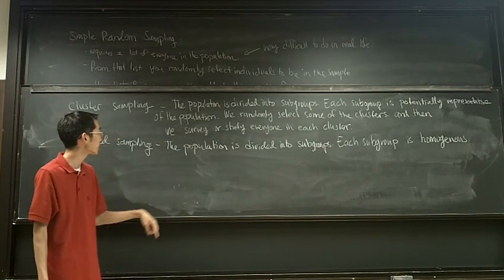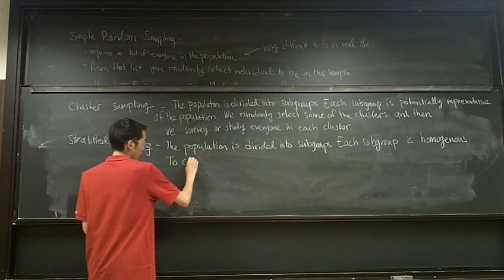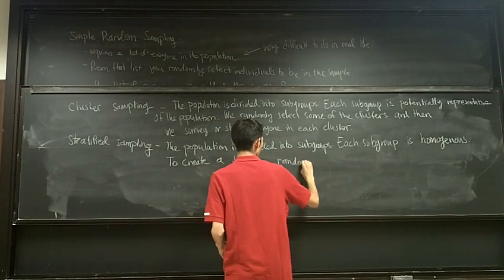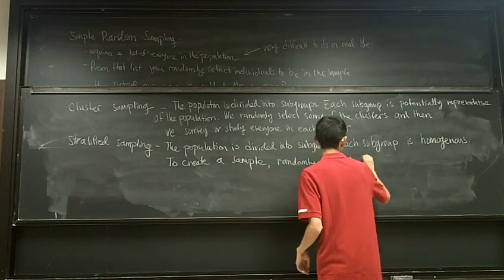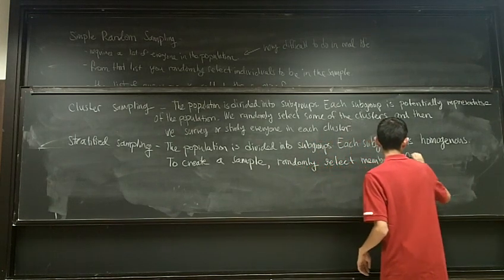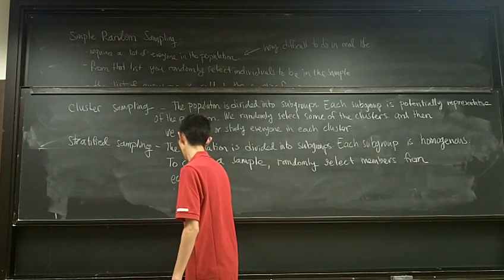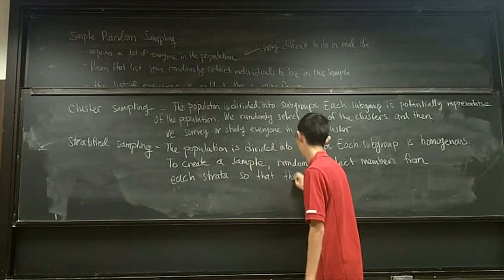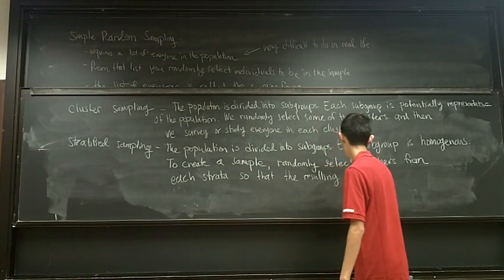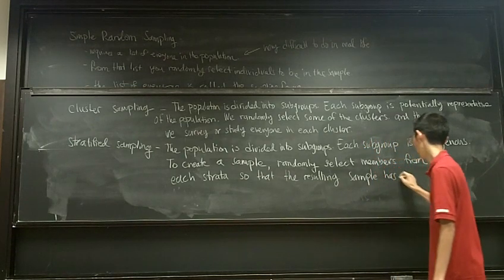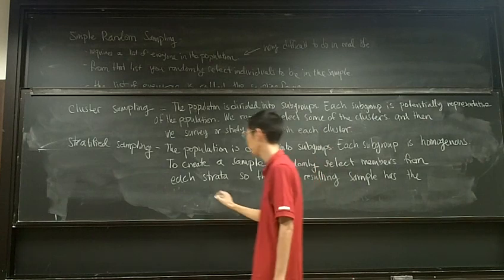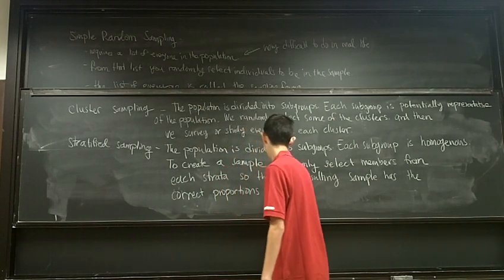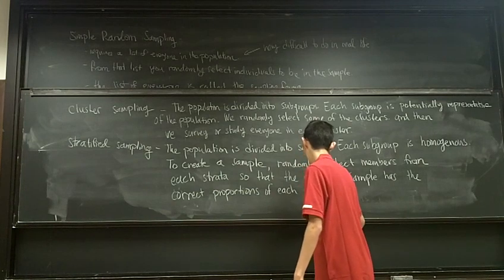And so what you do here to create a sample is randomly select members from each stratum so that the resulting sample has the correct proportions of each stratum.